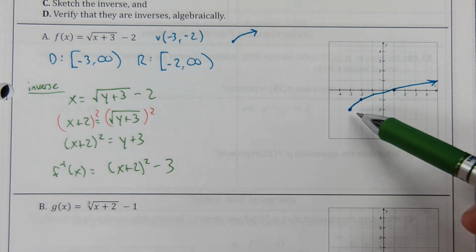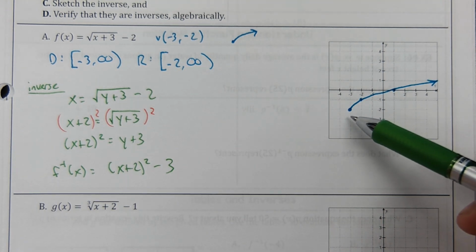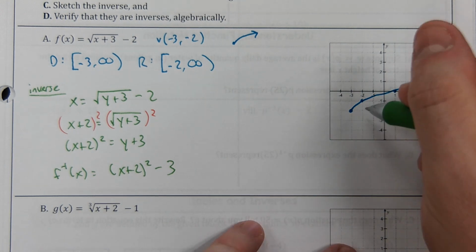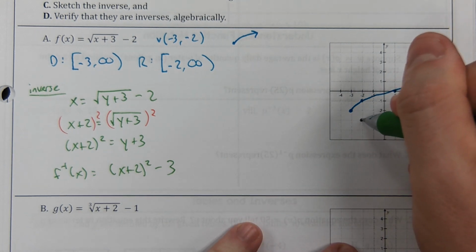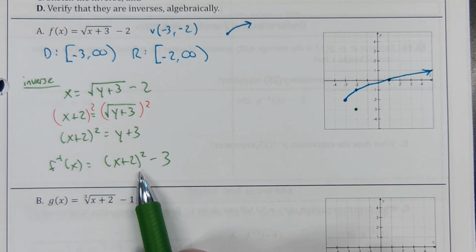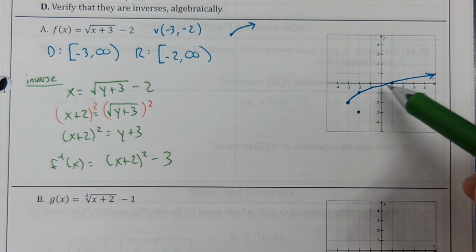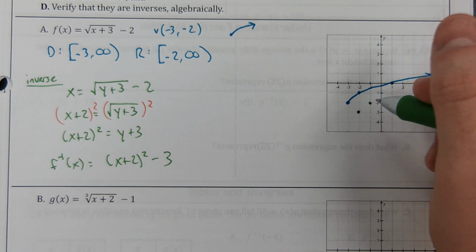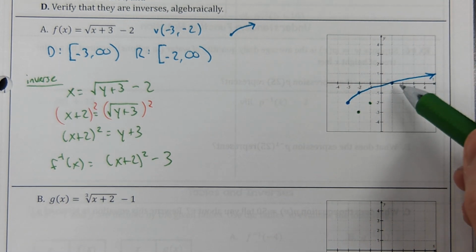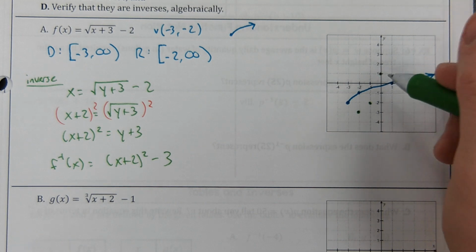Let's take this thing's wannabe vertex at -3, -2, swap those two. -2, -3. Oh, that would have been the vertex of this quadratic. How about that? Here's one at -2, -1. Becomes -1, -2. Here is one at 1, 0. Becomes 0, 1.